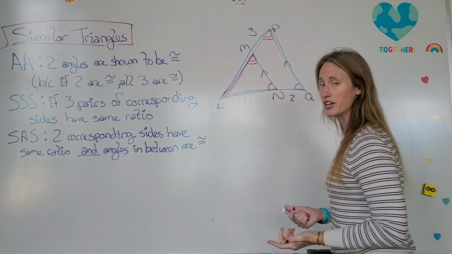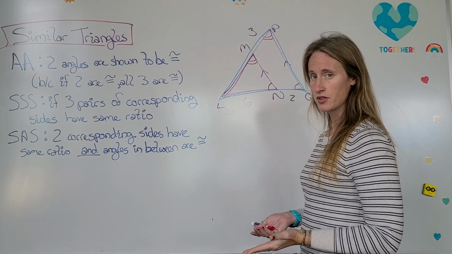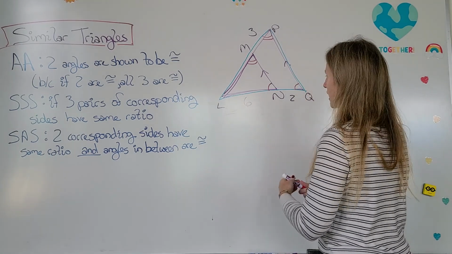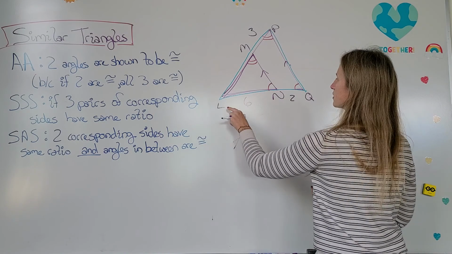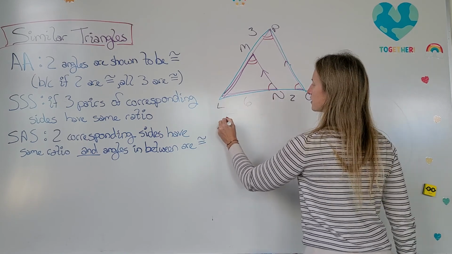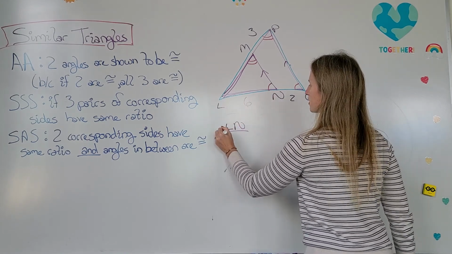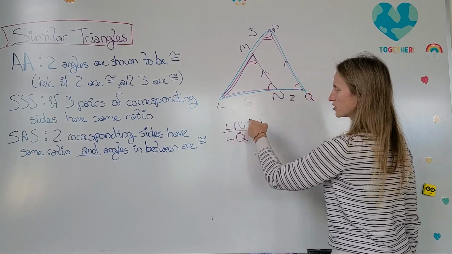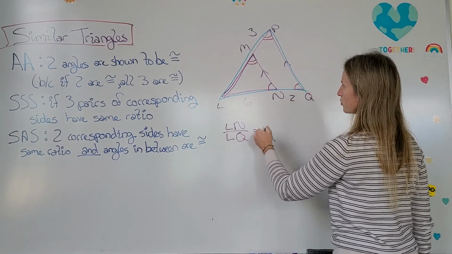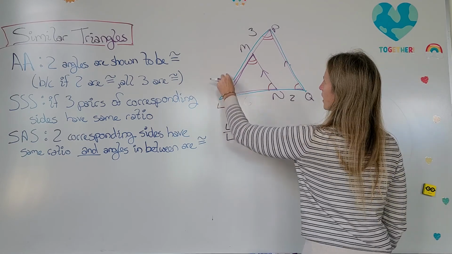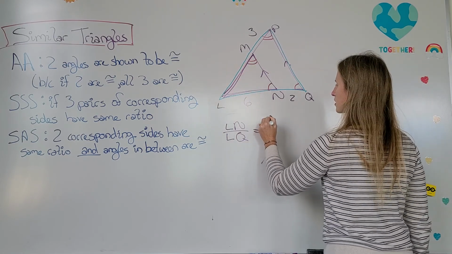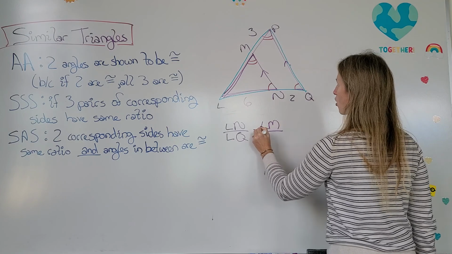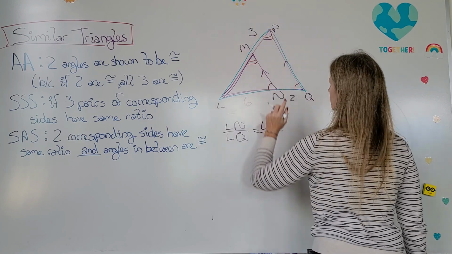So those are the ratios that are going to be the same. So I know that LN over LQ, so the little over the big, is equal to LM over LP.